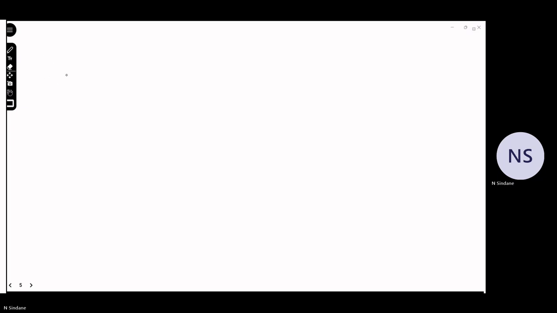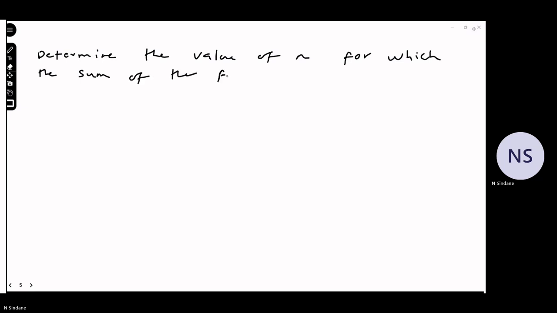The last question says: determine the value of n for which the sum of the first n terms is 242.